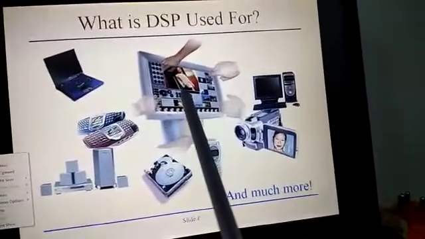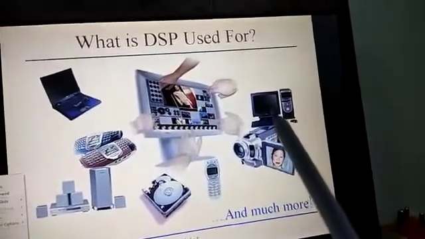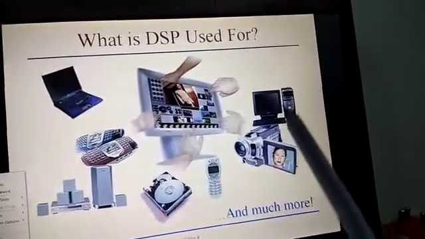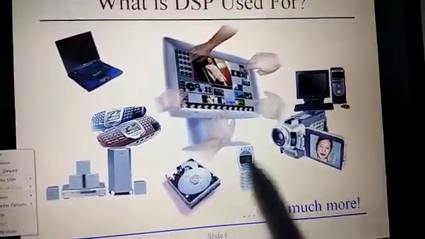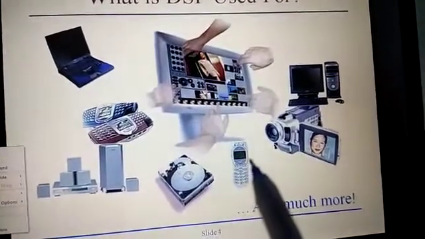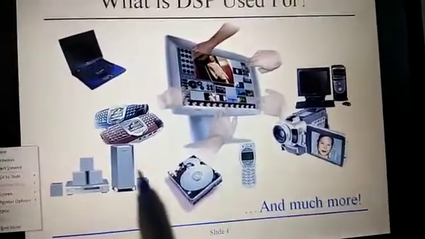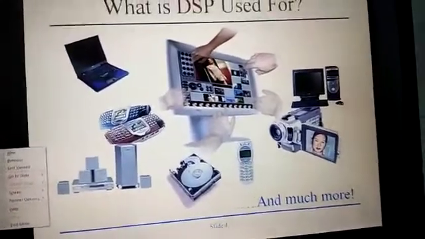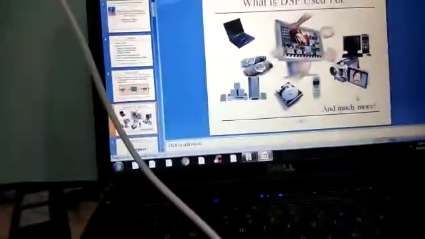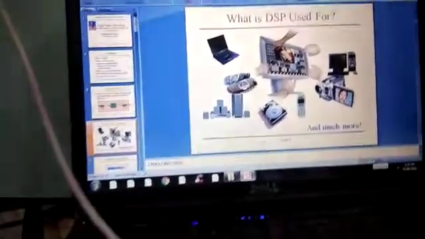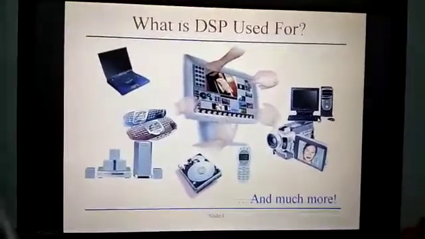In our video cameras, DSPs are used, and in computers and communication, DSPs are used. In digital recording systems and remote controls, we use digital signal processors. In mobiles we use the digital signal processor, and nowadays in many equipments we use digital signal processors. So this is where we use digital signal processing, and there are many more applications of DSP.